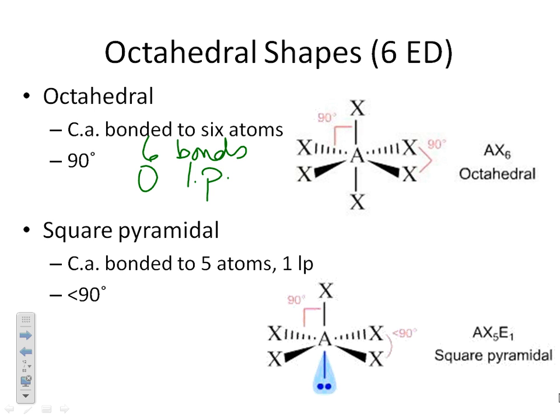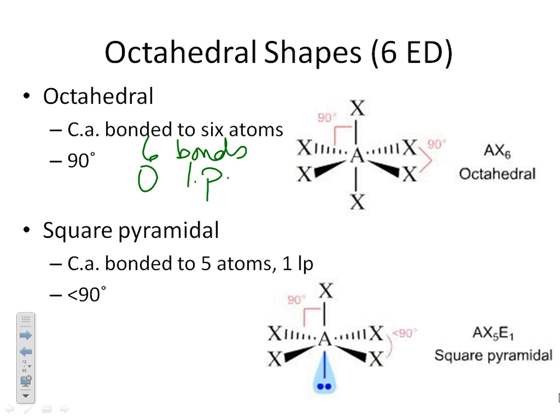Then, instead of having all 6 of the electron domains being bonds, we can have 5 of them be bonds and 1 of them be a lone pair. It doesn't particularly matter where you put the lone pair. You can put it at any position, because everything is still 90 degrees away from one another, we don't have a benefit for putting it axial versus equatorial. That's only very specific to the trigonal bipyramidal category of shape.